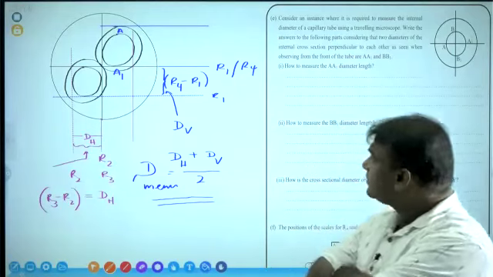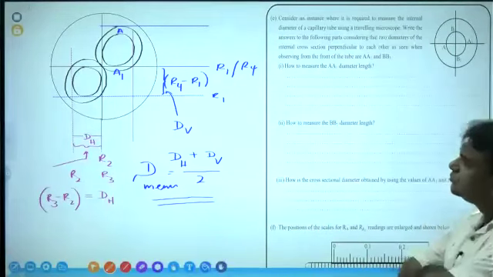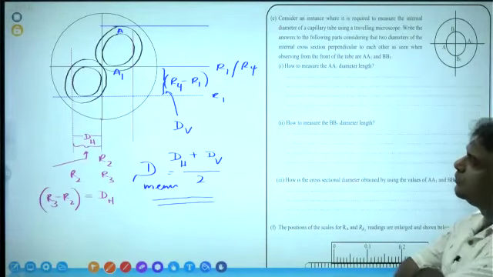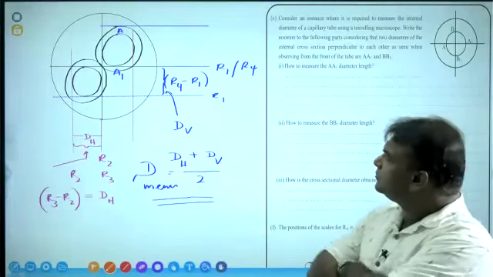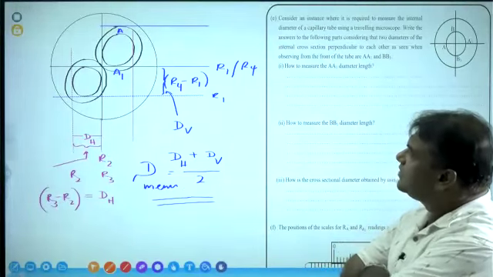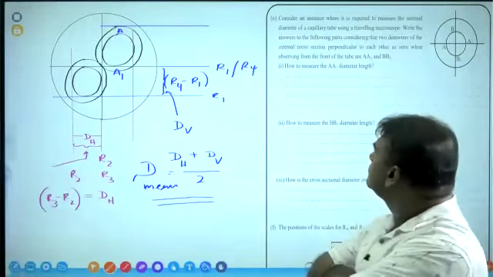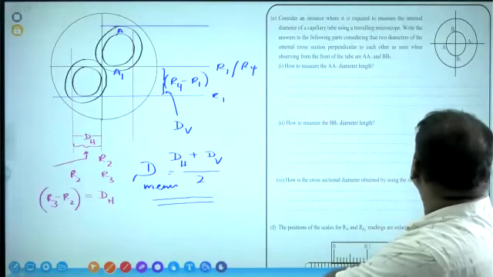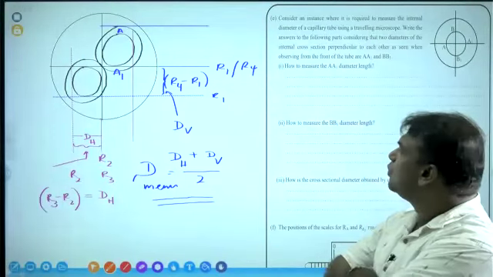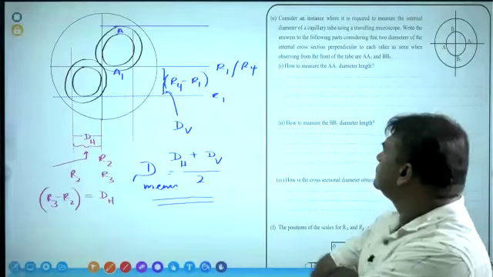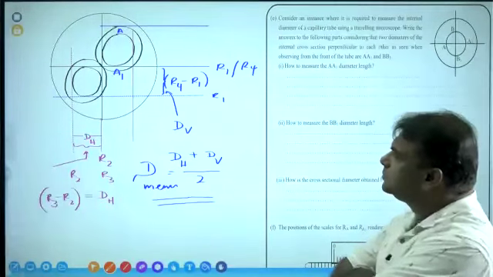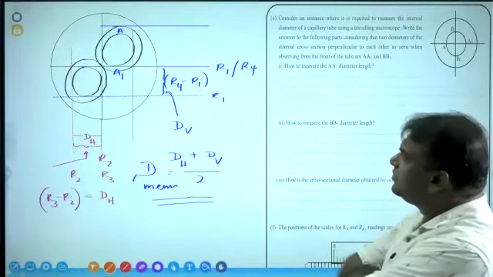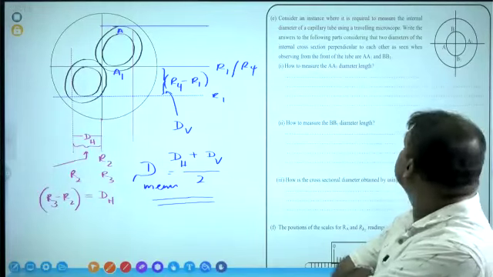Then the difference of the readings R1 and R4 gives BB1.